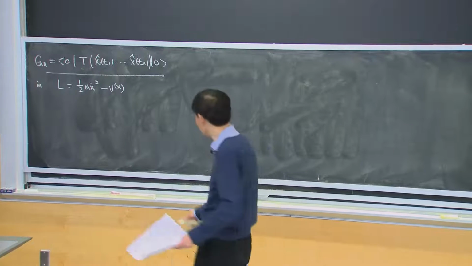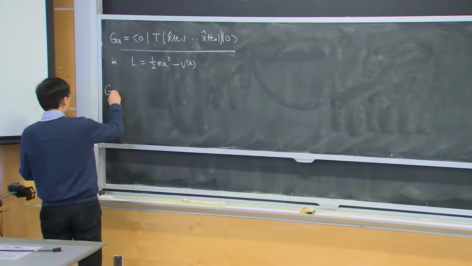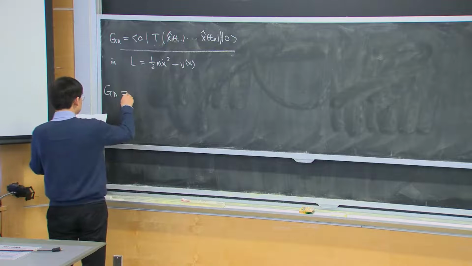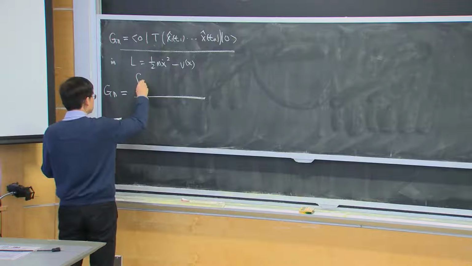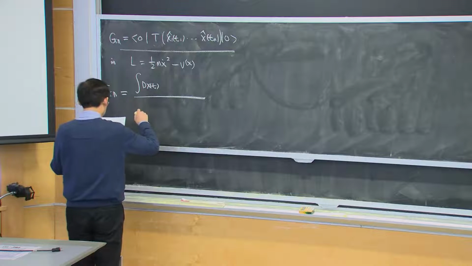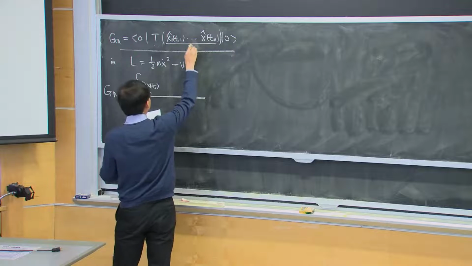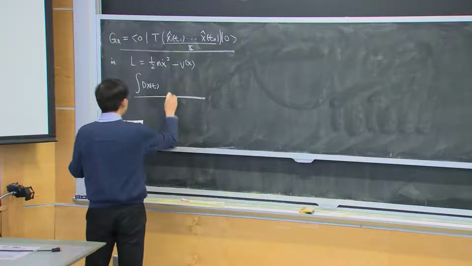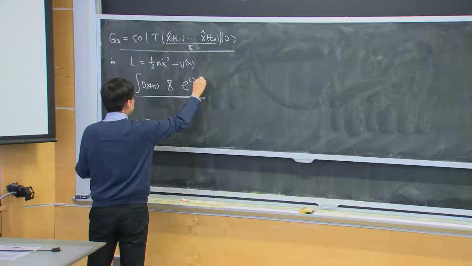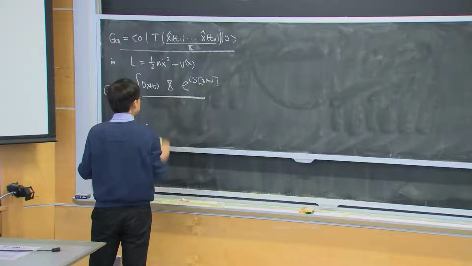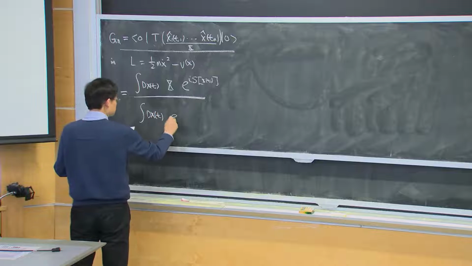So the formula is given by the following: Gn is given by the ratio of two path integrals, dxt. So if we call this thing x, and then exponential i S[x(t)], and then the denominator, just the pure path integral.